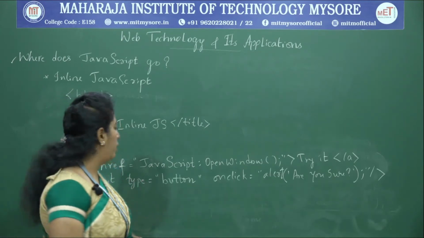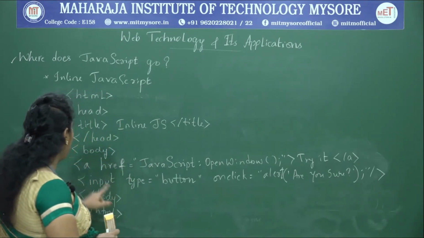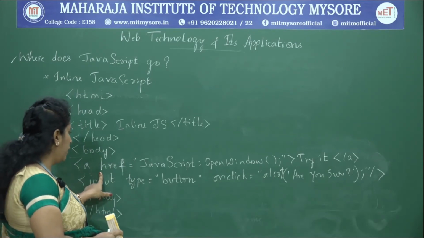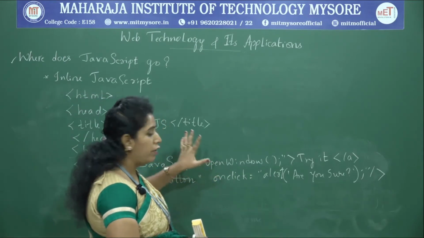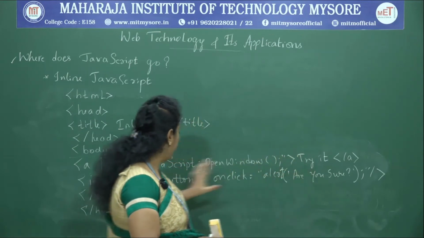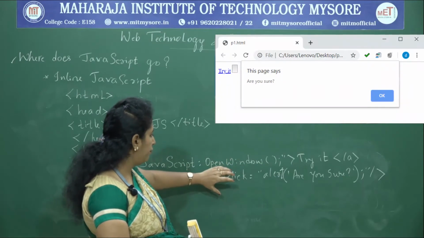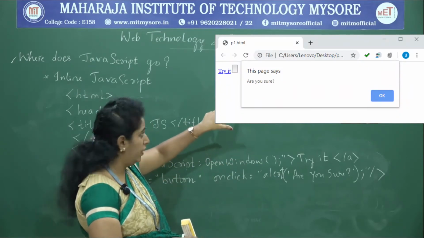Let me take up one more example to illustrate inline JavaScript. You can notice that for a hypertext reference, I have passed JavaScript to open a window. When you run this program, you will click on the try it button. When you click on try it, you can notice one window is opened near it.